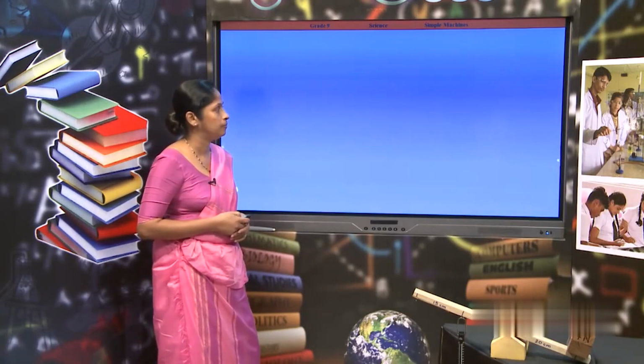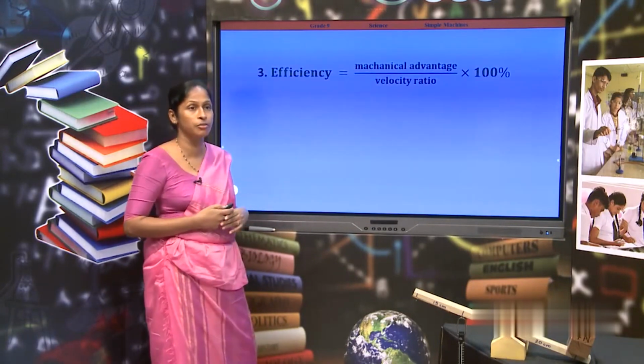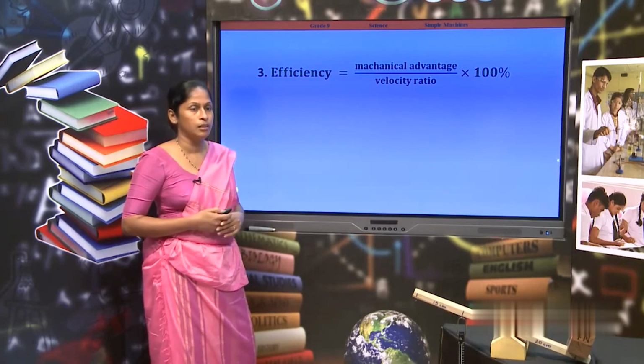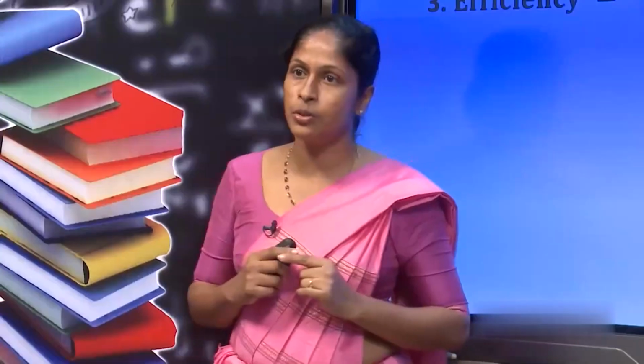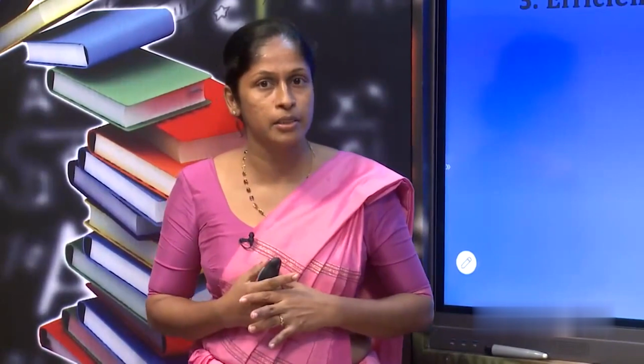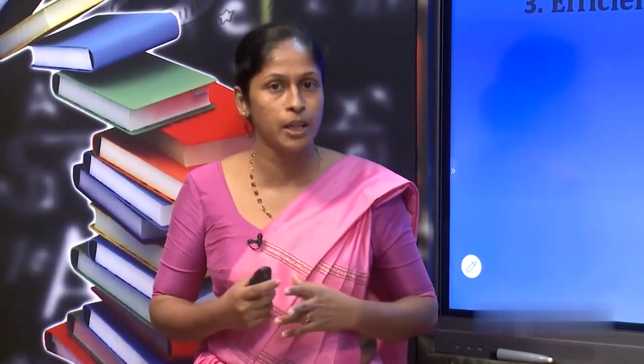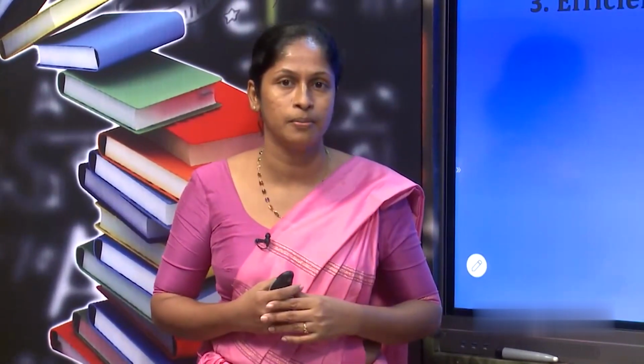Third question, efficiency of the machine. Can you remember I told you 3 ways of calculating the efficiency. Now, which one is suitable for this? Which is easier? We calculated mechanical advantage and velocity ratio.